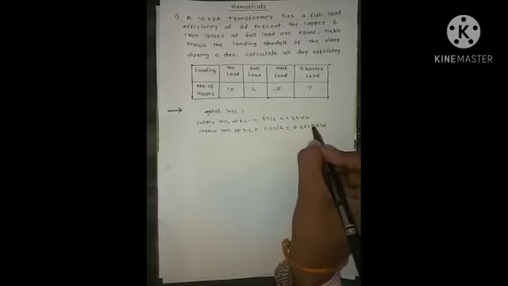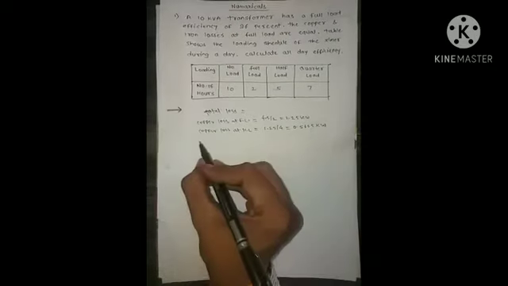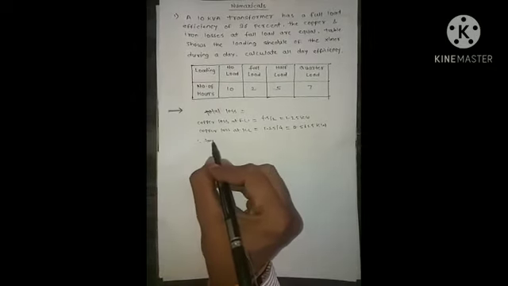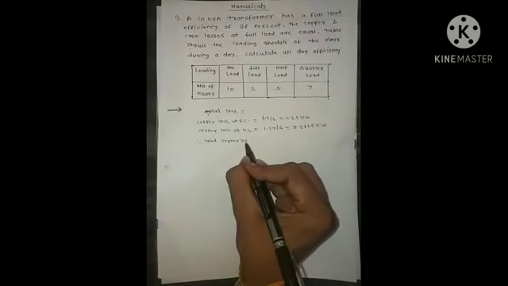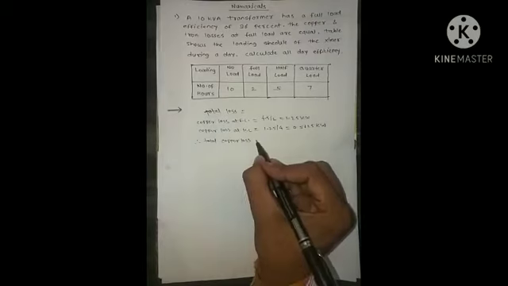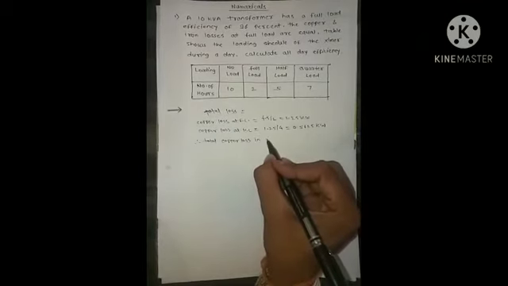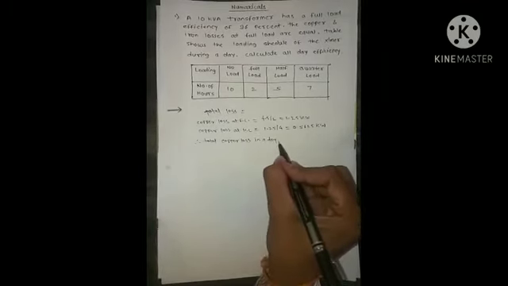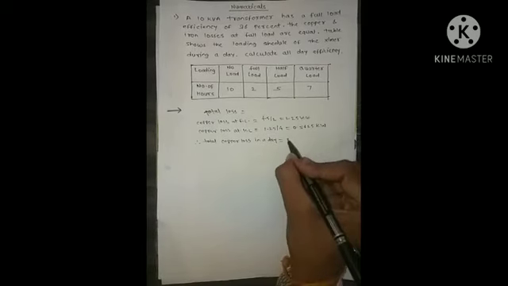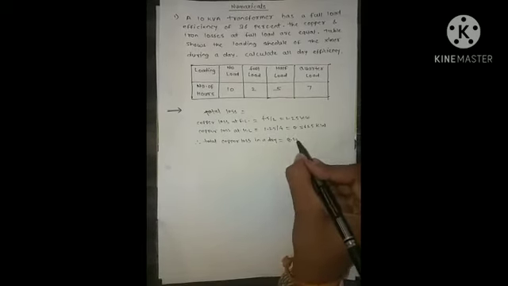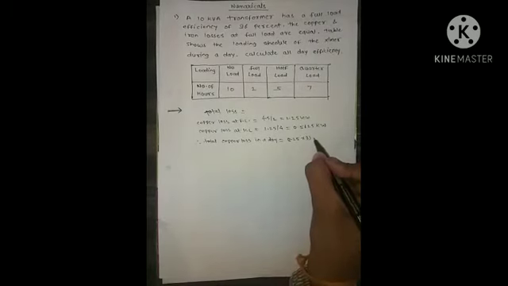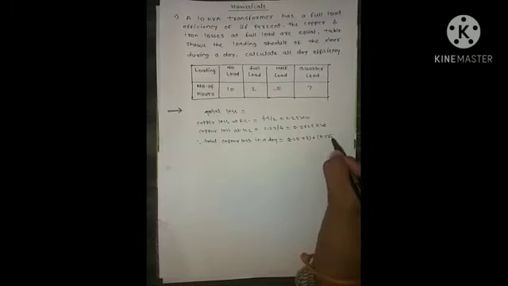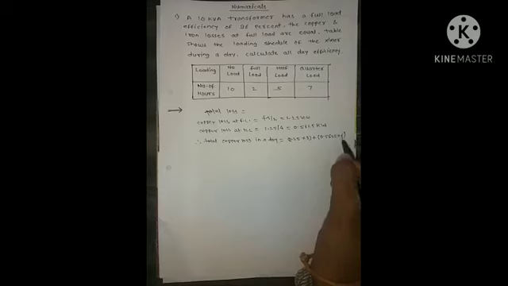Therefore, the total copper loss in a day equals 2.25 into 3 plus 0.5625 into 4.